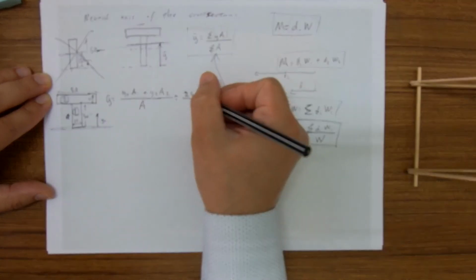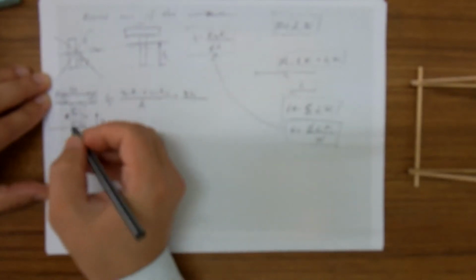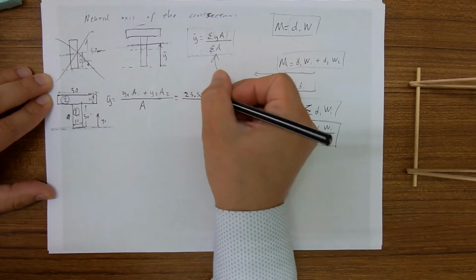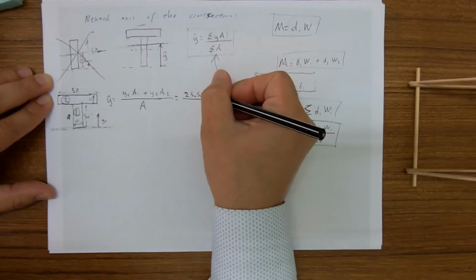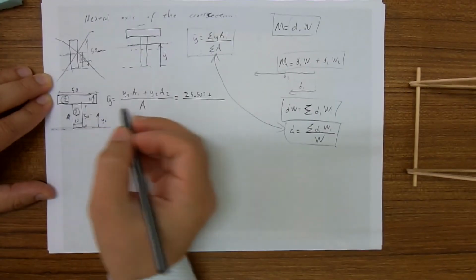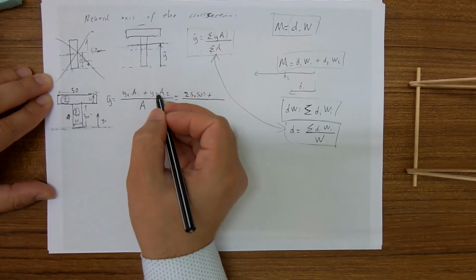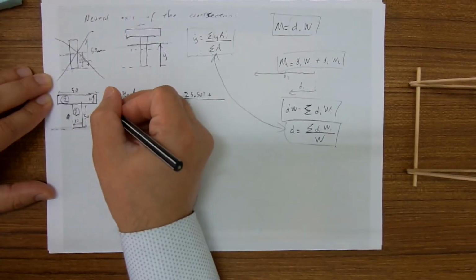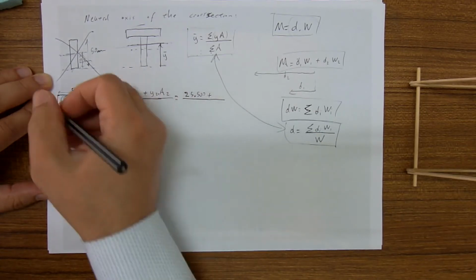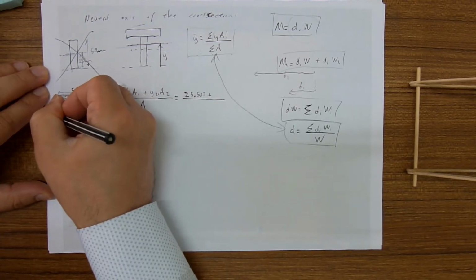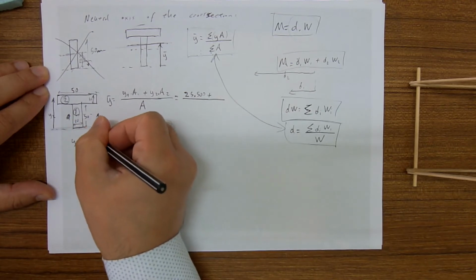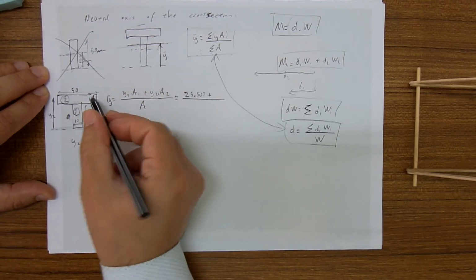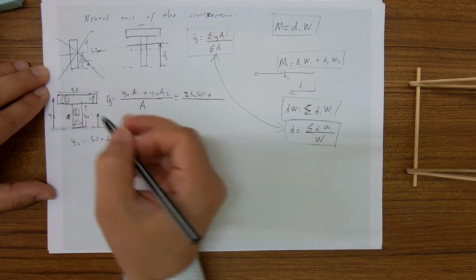y1, 25, times area, which is 50 times 10, so 500, area a1, plus y2. Let's show it here. y2 is equal to 50 plus 10 over 2, the half of the height of this rectangle.